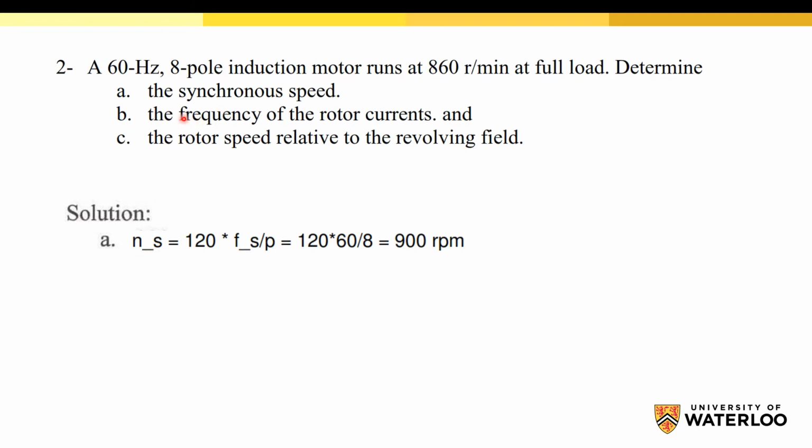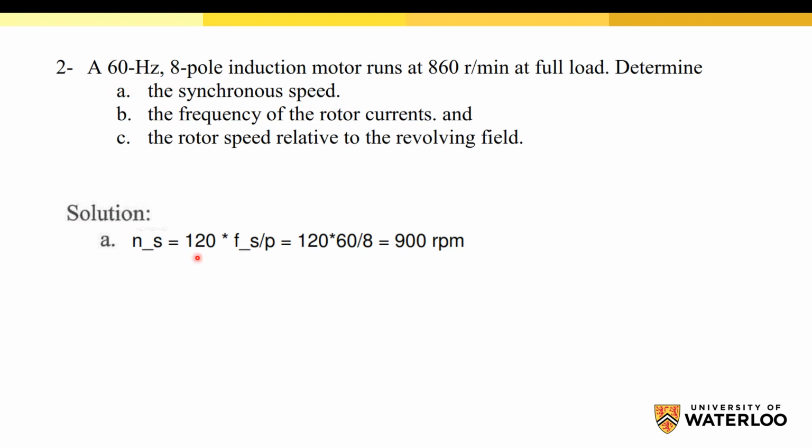Now if we want to calculate the frequency of the rotor current, which is the frequency of the rotor, we should multiply the frequency of the stator times the slip. So we know the frequency of the stator, which is given as 60 Hz, but we need to calculate the slip.